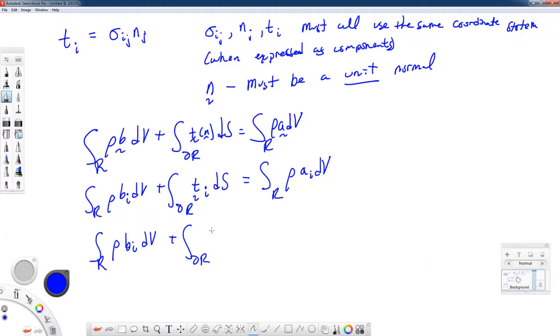Traction vector terms here can be replaced with sigma ij nj. And actually, I don't need that squiggle underneath this one either. Sigma ij nj.